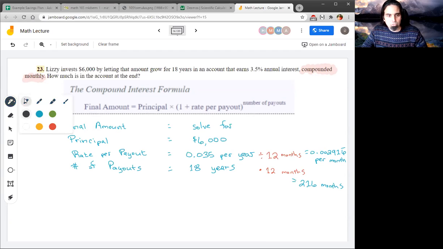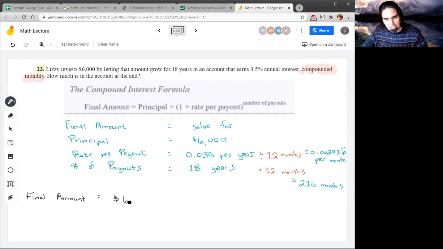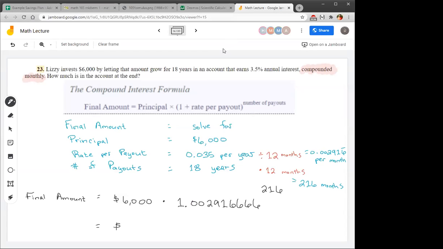First, I'll write it, then I'll use the fancy Desmos website calculator. I'm just putting a 1 in front of that long decimal. I don't need any parentheses. And I'm putting in lots of 6s, as many as my calculator will let me do. Why are we not using parentheses for this one?